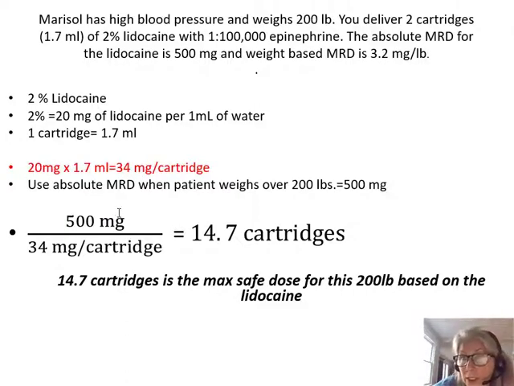So 500 milligrams is the absolute MRD, which goes in the numerator or the top, which is divided by how many milligrams are in each cartridge. And in this particular case, it's 34 milligrams of lidocaine in each cartridge, which is 14.7 cartridges. So 14.7 cartridges is the maximum safe dose or recommended dose for this 200-pound patient based on the lidocaine.